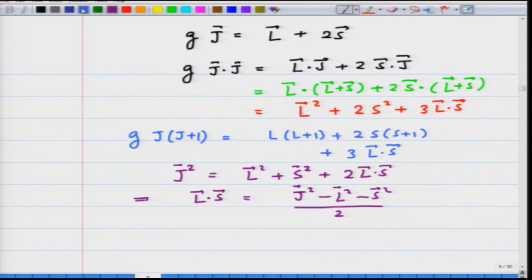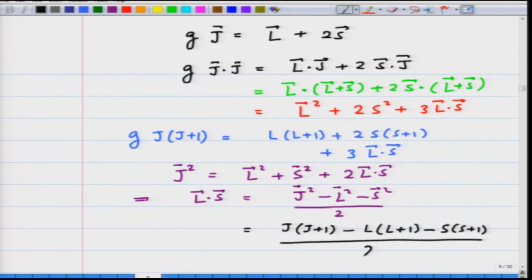which then is equal to J(J plus 1) minus L(L plus 1) minus S(S plus 1), this whole thing divided by 2.